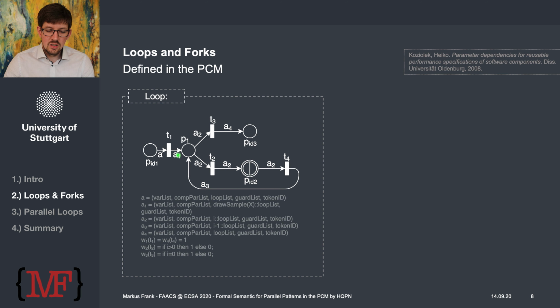If the condition is not satisfied, we enter the loop body. The loop body is represented here by this place with ID 2 and represents its own subnet. So we place a token in the subnet. When the subnet is finished, it returns the token and it's placed in this place 1 here again. And the loop condition is re-evaluated.